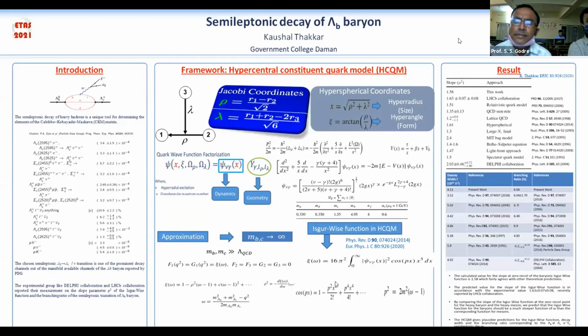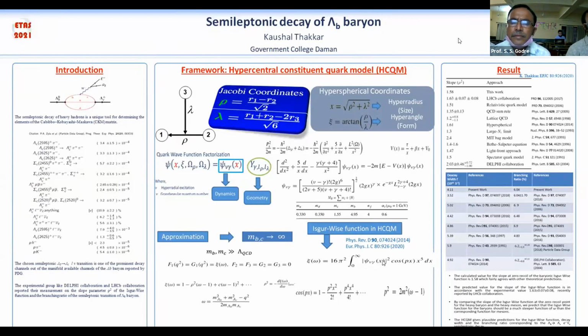Here, omega is related to the square of momentum transfer between the heavy baryons, q square, by this equation. The Isgur-Wise function for the weak decay of heavy baryon can be written by this equation in HCQM. Here, psi square comes into the picture instead of the overlap integral of the final and initial states.